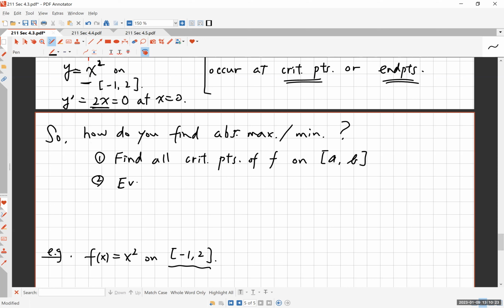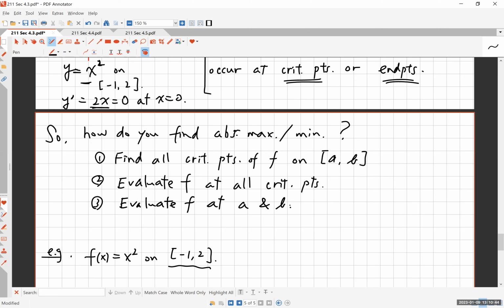So evaluate f at all critical points. If you find 3 critical points in the interval [a, b], then evaluate the function at all 3 of them. And then you evaluate f at the endpoints, a and b.